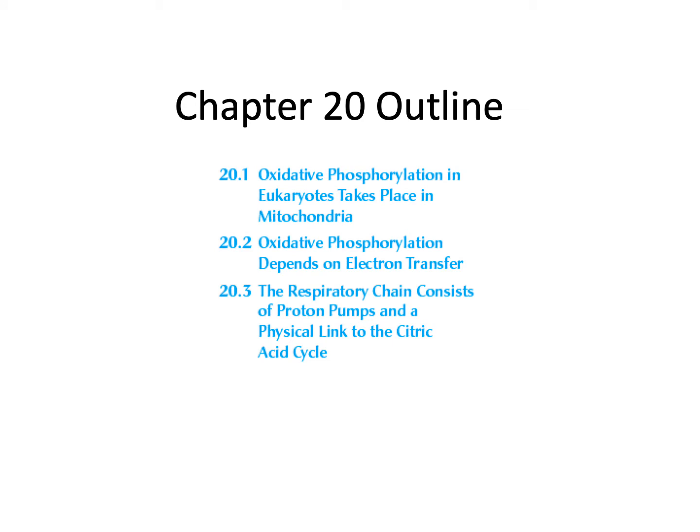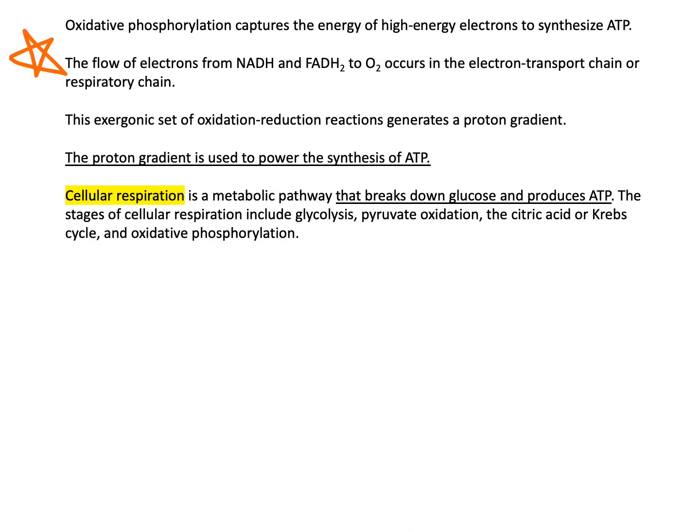Chapter 20 outlines. First, we learn that oxidative phosphorylation takes place in mitochondria. Then we learn that oxidative phosphorylation depends on electron transfer. Third, the respiratory chain consists of proton pumps and a physical link to the citric acid cycle. Oxidative phosphorylation captures the energy of high-energy electrons to synthesize ATP.